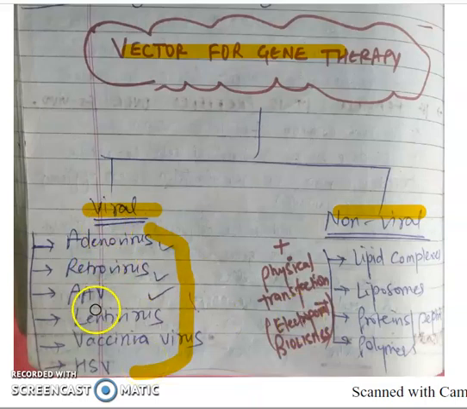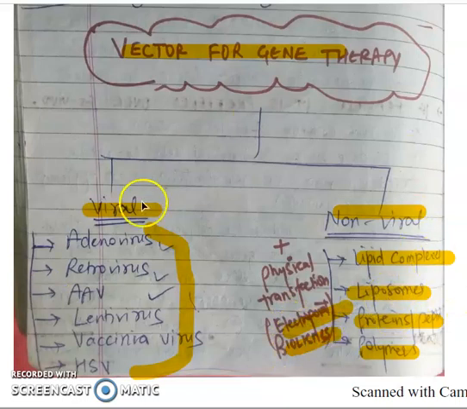Out of these, the first three are the preferred ones. And in non-viral vectors, we go for lipid complexes to deliver our gene of interest or therapeutic gene. We go for liposomes, or protein, peptide or polymer complexes, plus physical transfection methods that may include electroporation and the ballistic particle gun method.